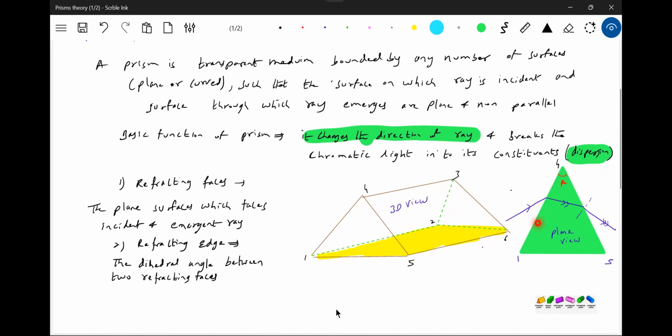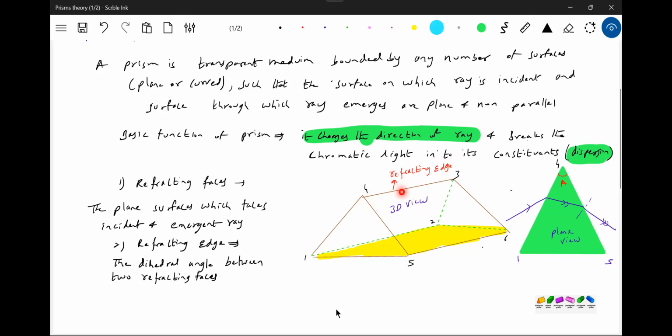This is one refracting face, and the emergent ray is at 3, 4, 5, 6. So these are the refracting faces. Then refracting edge. This is the refracting edge.